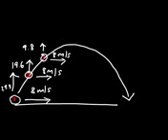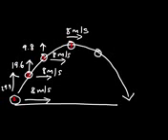3 seconds later, it's at the top. At the maximum height, at the highest point, Vy is 0, so it's not going up anymore. But it's still moving to the right, so it's still moving at 8 meters per second to the right, so that's Vx. Now, 4 seconds later, what do you think is going to happen?